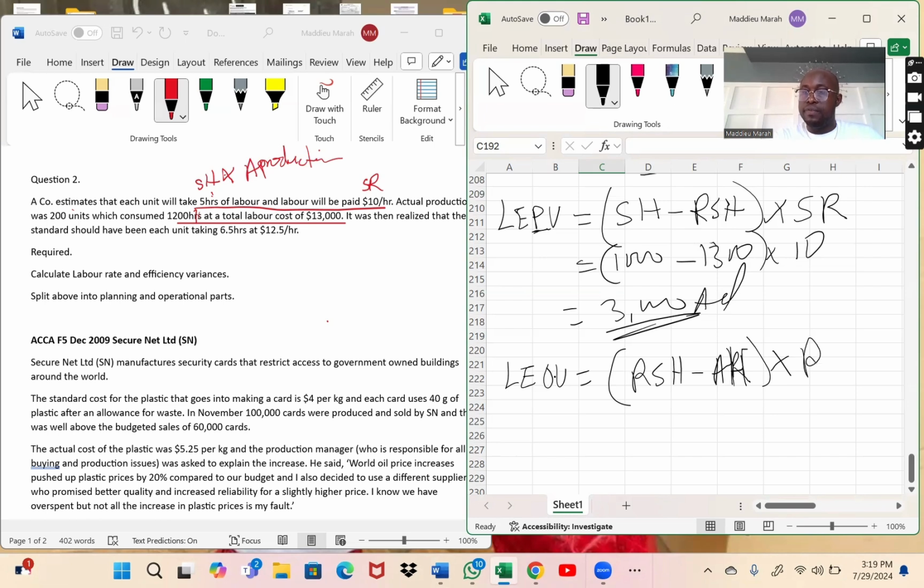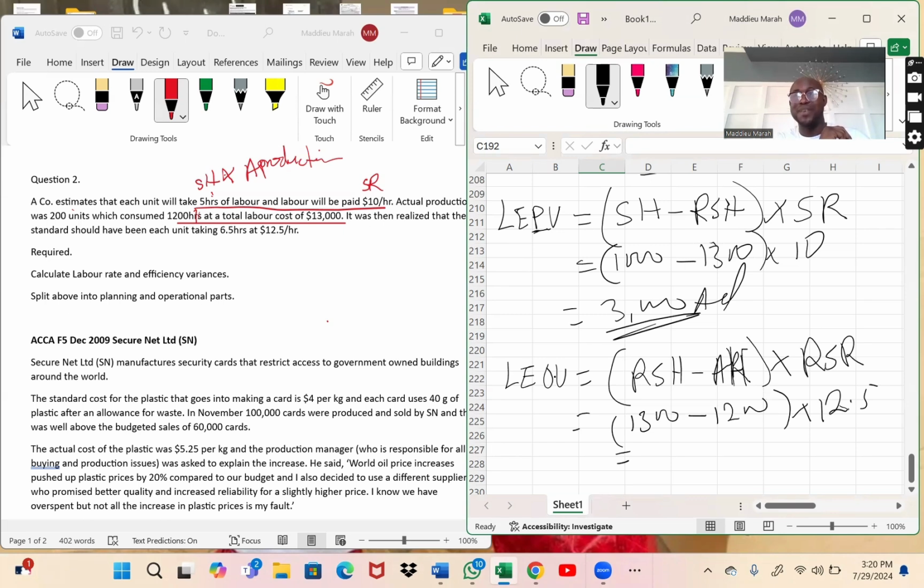Yeah, revised standard rate. So our revised hours, we have 1,300. Our actual hours, we have 1,200. And our revised rate, we have 12.5.